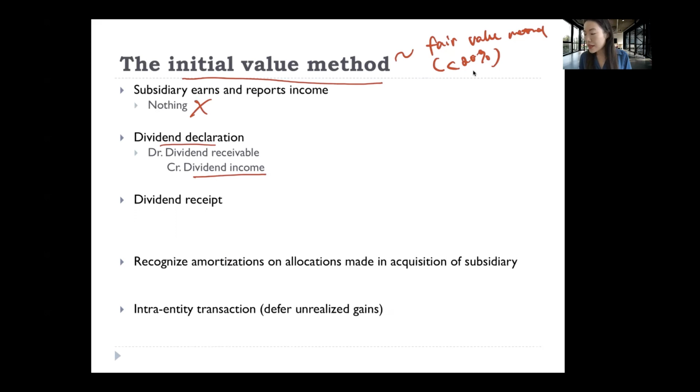When the parent receives dividend from the subsidiary, the parent's journal entry is to debit cash, credit dividend receivable. And there's no need to record the amortization of excess payment or intra-entity transactions under the initial value method. So this is the second method the parent can use to monitor its relationship with the sub.